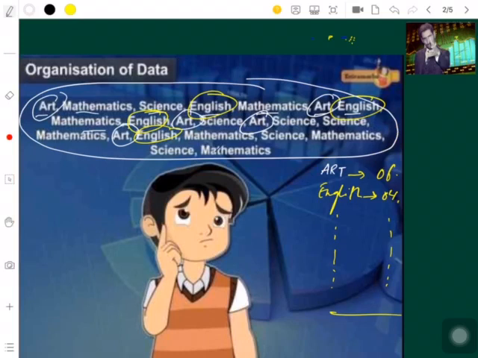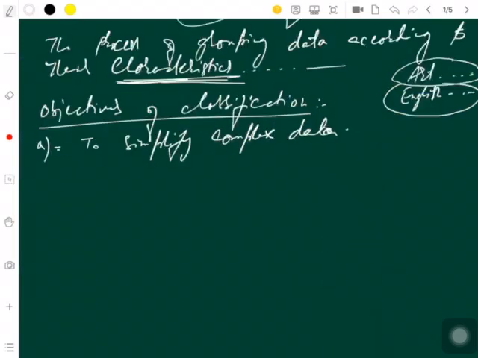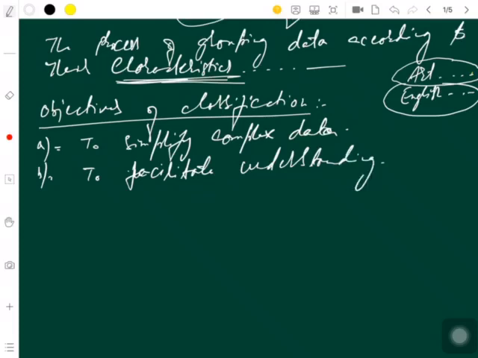It's not easy for us to make any use of this whole data, but we simplify it. We simplify our complex data to facilitate understanding. Okay, now you are able to understand what we are talking about.